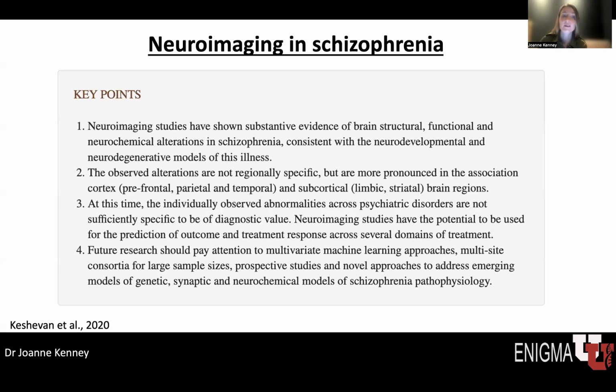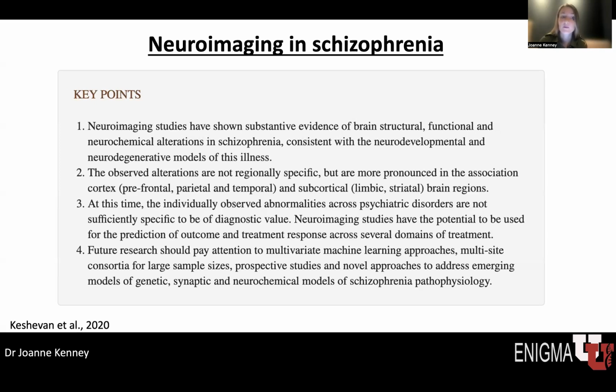However, at this time, the individually observed changes in the brains of people with psychiatric disorders are not sufficiently specific to be of diagnostic value. Neuroimaging studies have the potential to be used for the prediction of outcome and treatment response across several domains of treatment.